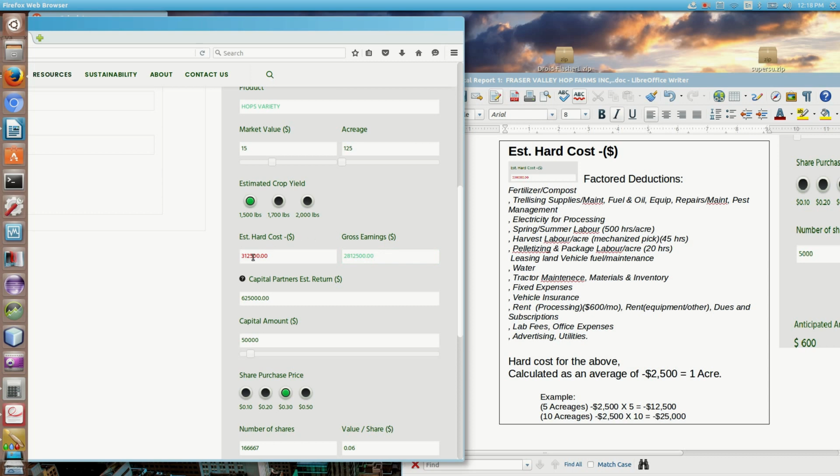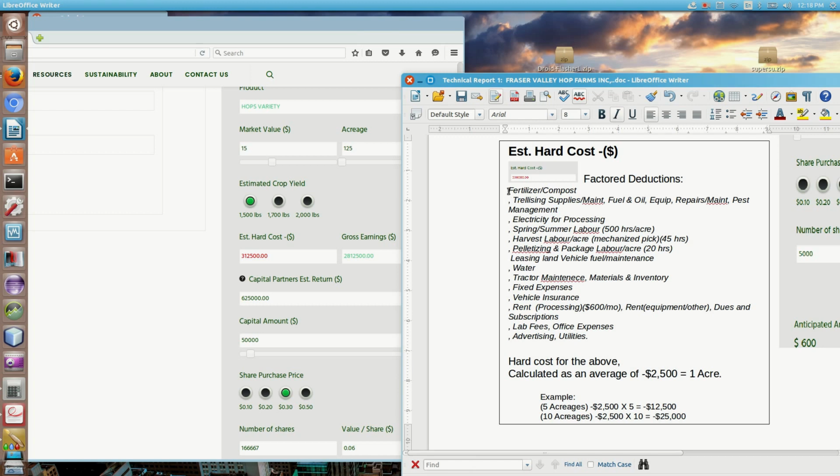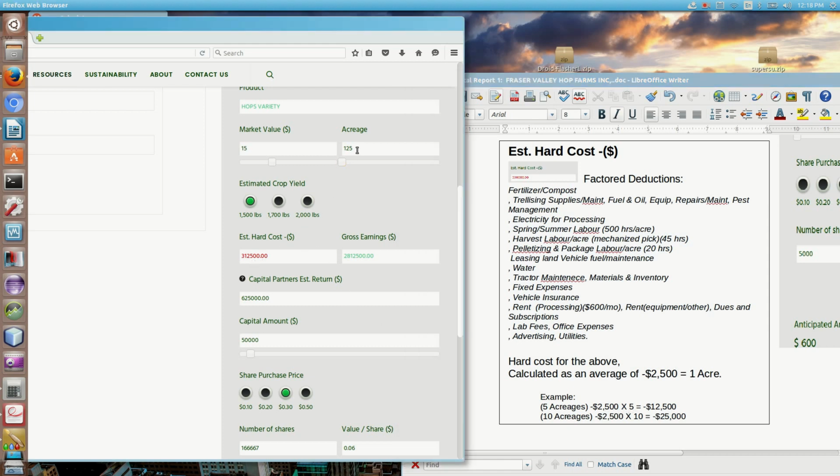The estimated hard cost is factored in by taking a look at all of these hard costs. Now, these hard costs are for maintaining years, meaning year 2, 3, 4, 5, 6, and forward. We've allocated $2,500 per acre right over here. So 2,500 multiplied by the number of acres gives us this hard cost.